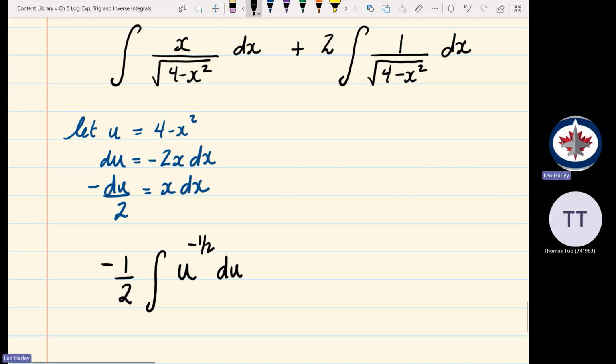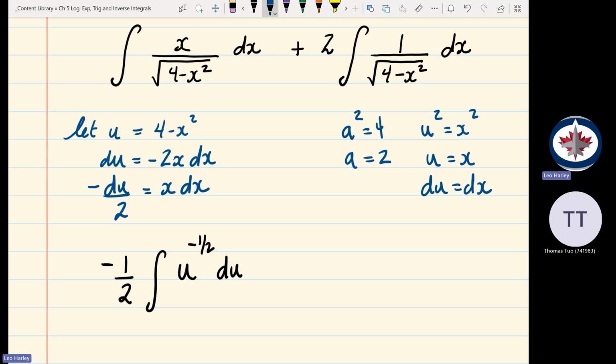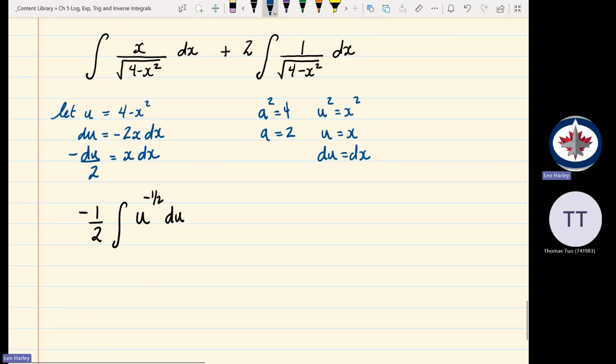Over here on the other side, I think we can see it. This is a squared is equal to 4. So a itself is equal to 2. U squared is equal to x squared. U is equal to x. And du is simply known as dx. That one we like. All right.